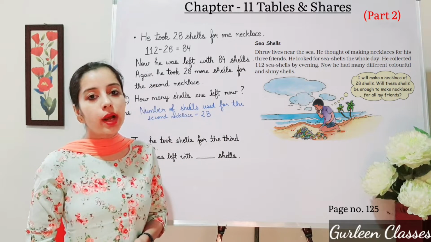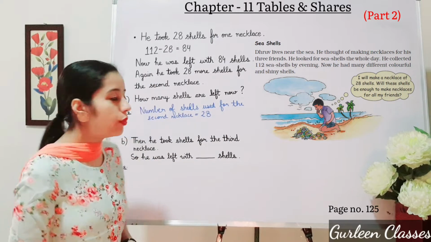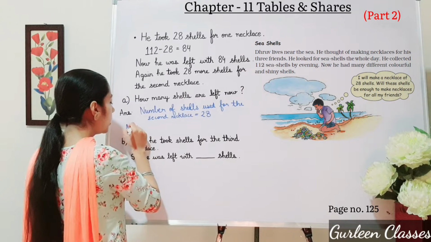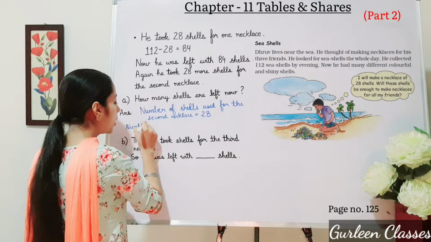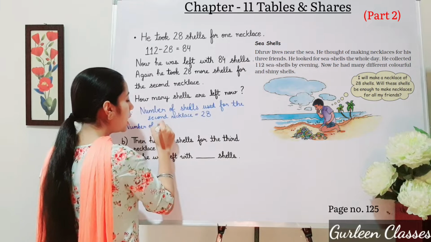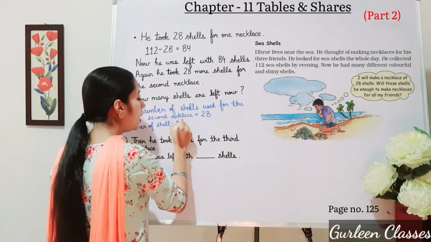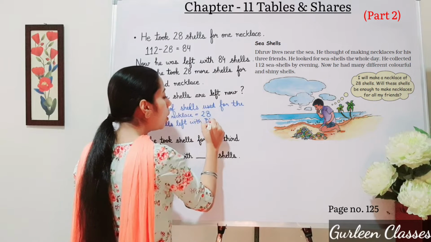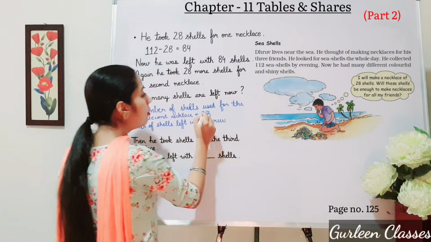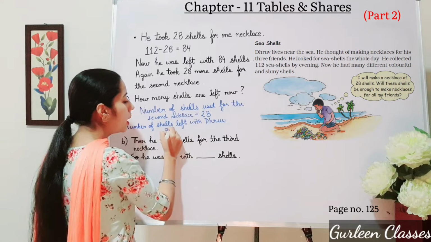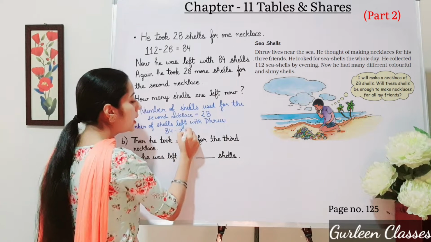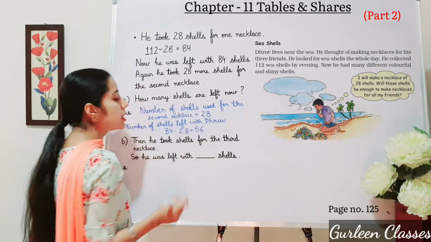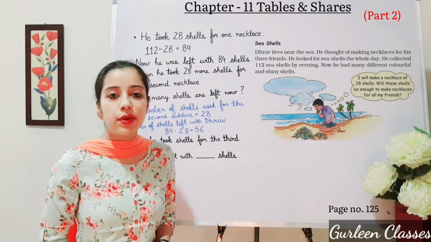So now number of shells left with Dhruv. So how many shells are left with Dhruv? We will subtract 84 minus 28, that is 56 shells. So 56 shells are left with Dhruv.